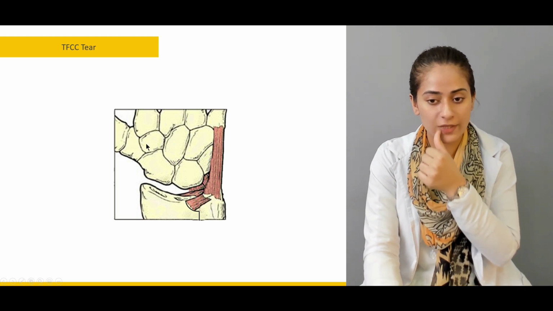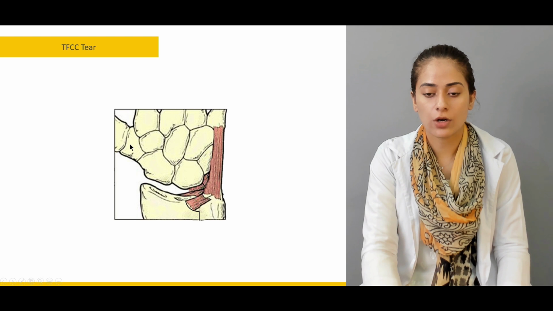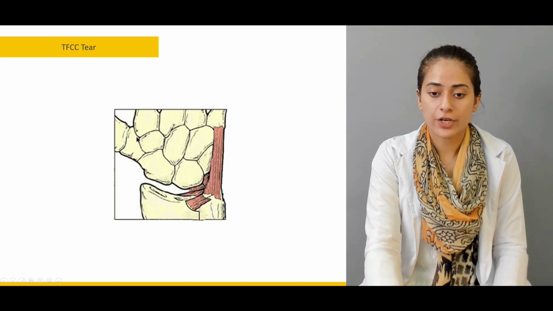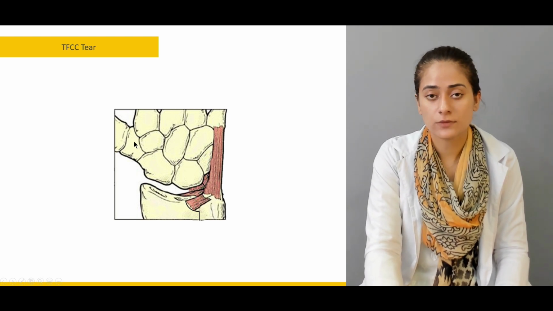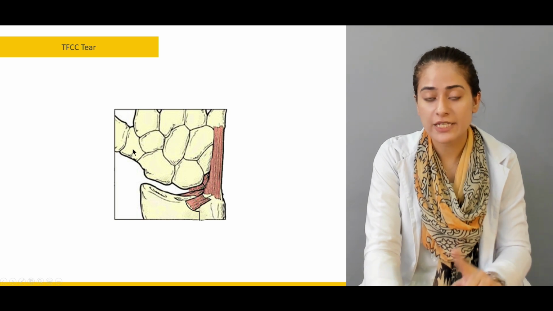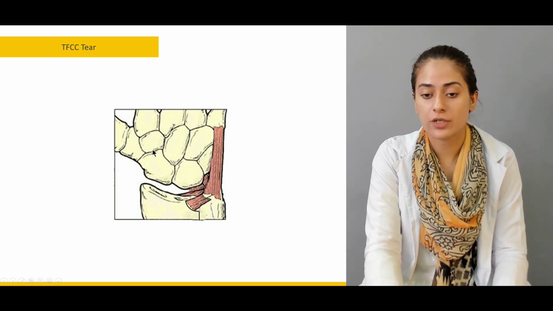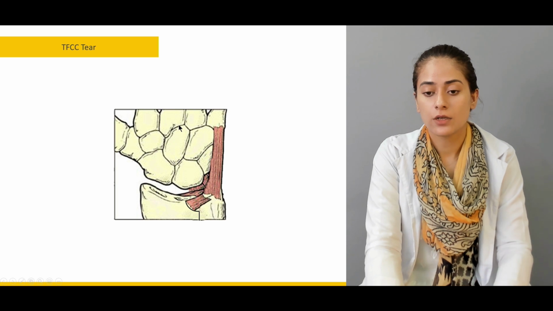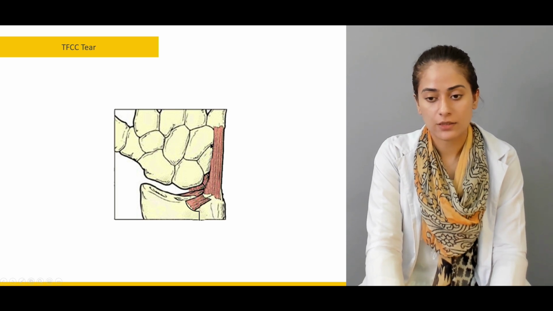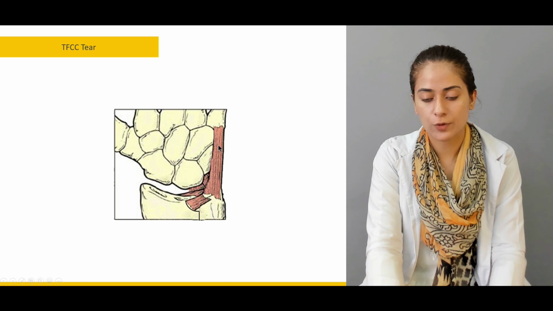Again, moving from lateral to medial, the carpal bones are trapezium, so TM, then we have TZ, trapezoid, then we have capitate and hamate. So these are the 8 carpal bones. Pisiform is not visible.